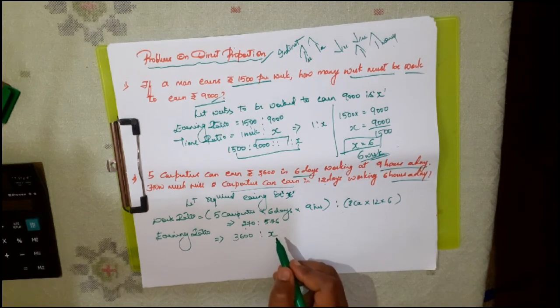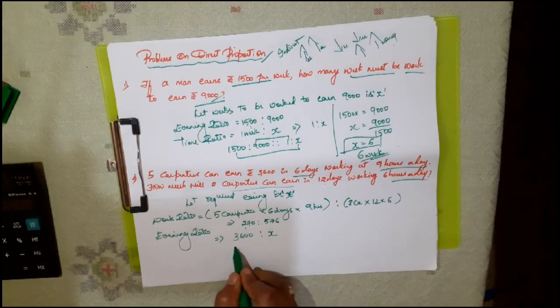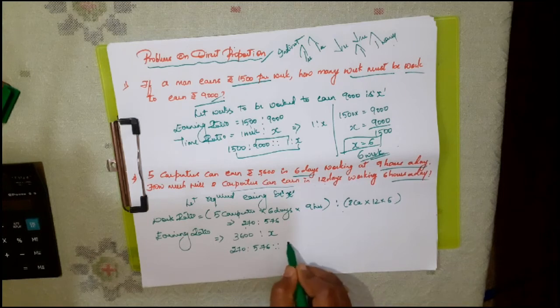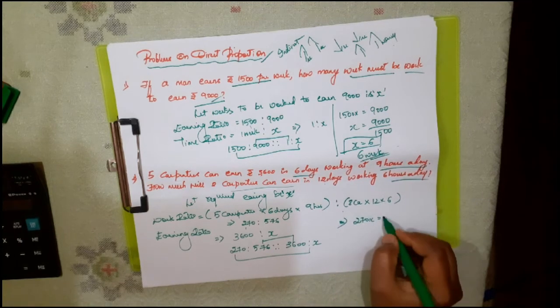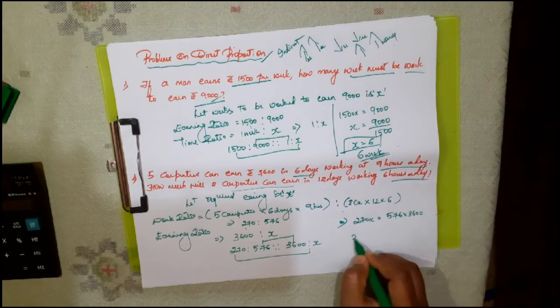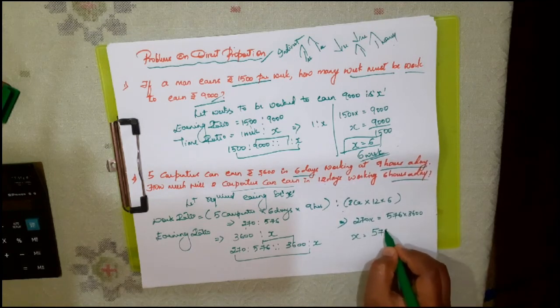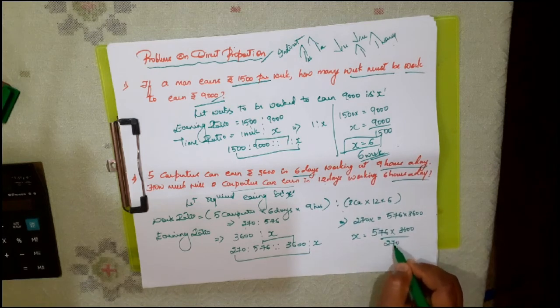As it is a direct proportion, we are taking the information as it is. 270 is to 576 as 3600 is to X. Extremes, means. So 270x is equal to 576 into 3600. X is equal to 576 into 3600 by 270.